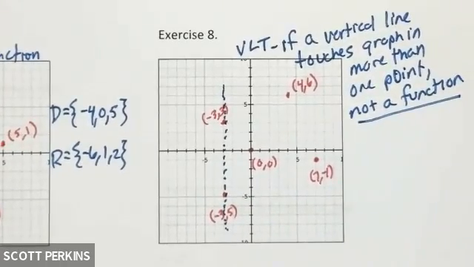It's not a function because that x value -3 occurs more than once, and so because of that, it's struck by that vertical line in two places.